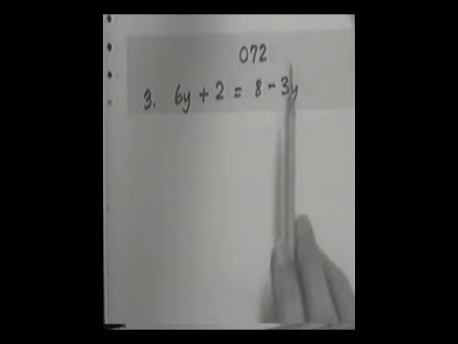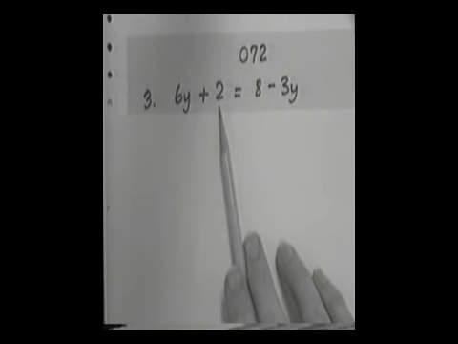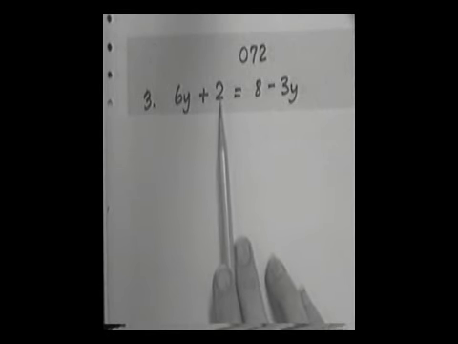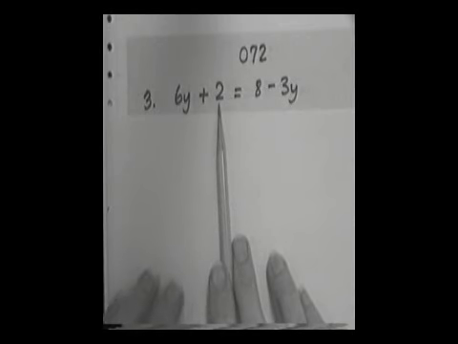We want to remove the constant term on the left side. Let's begin by cleaning up the left-hand side by adding the opposite of the extra term, which is 2. The opposite of 2 is negative 2. So let's begin by adding negative 2 to both sides of this equation.